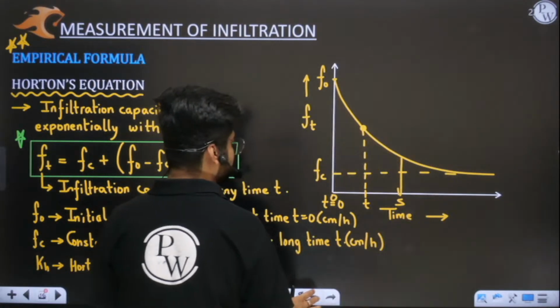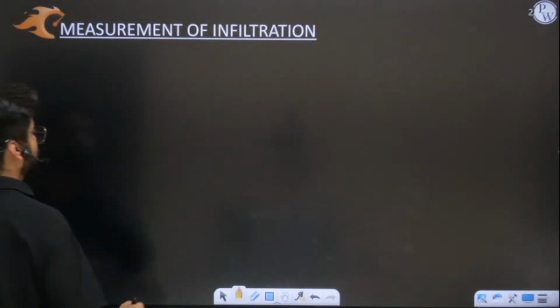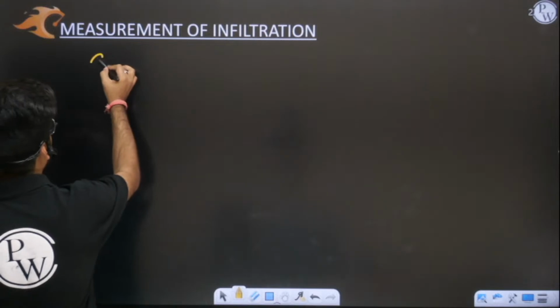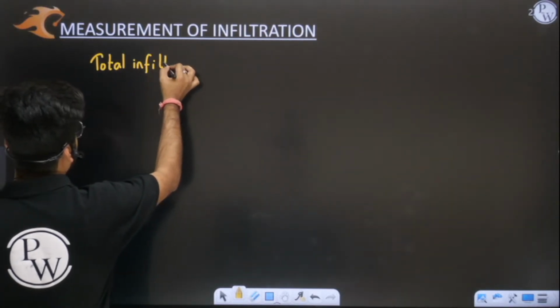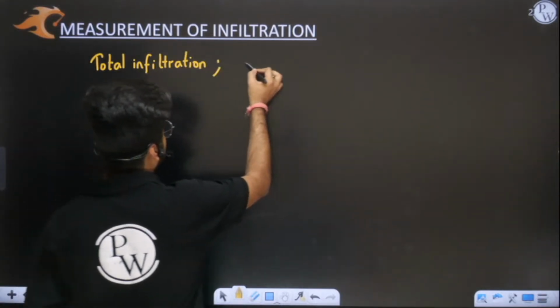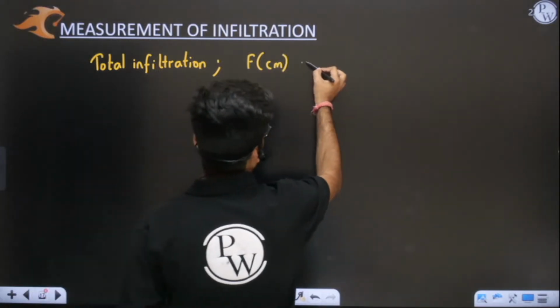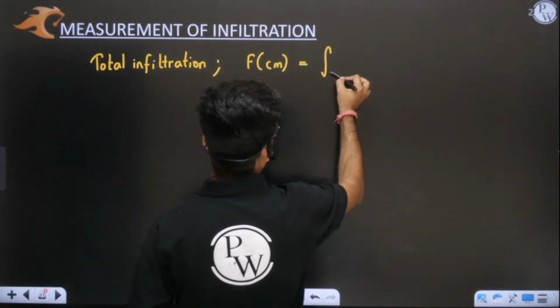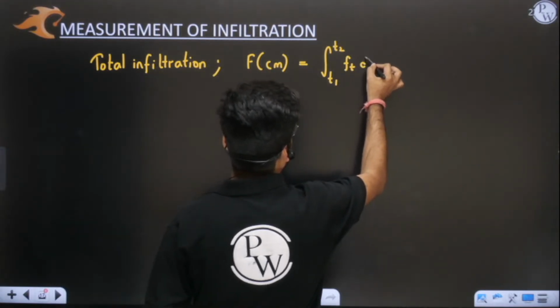So is this thing clear? If you want to find the total infiltration depth F, in centimeter, I will do integration from time t1 to t2 of ft into dt.